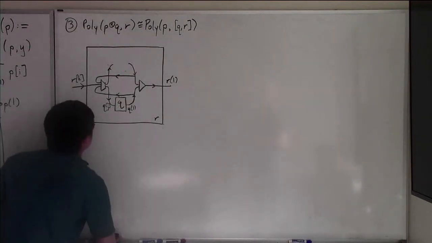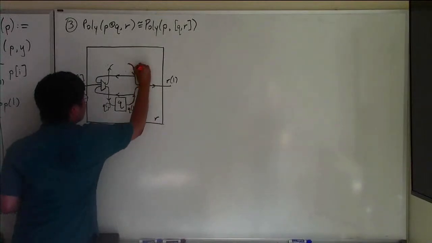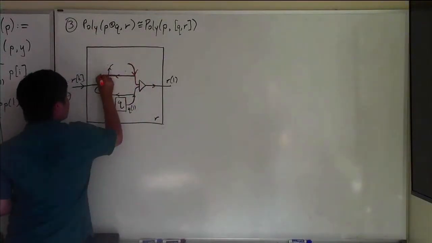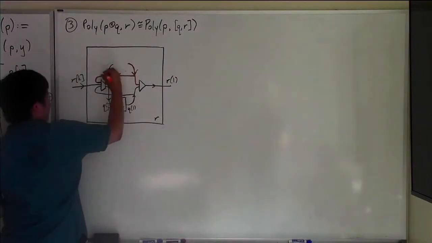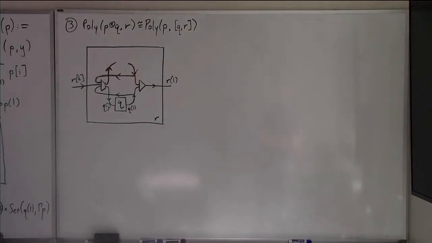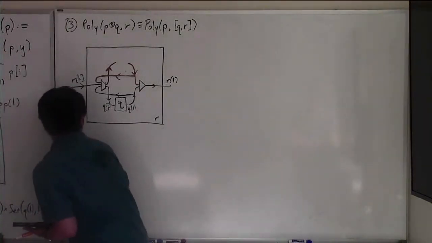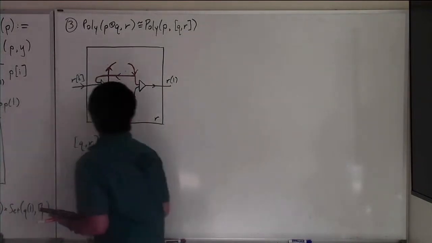So there's something it's feeding in here, something it's, and then something that goes in here. And somehow we want to figure out what Q bracket R should be.